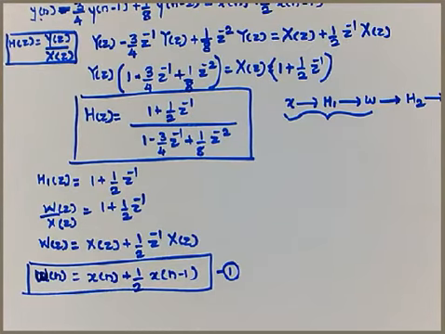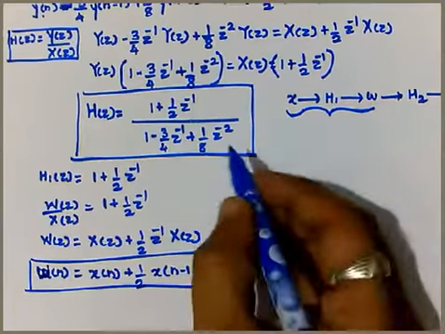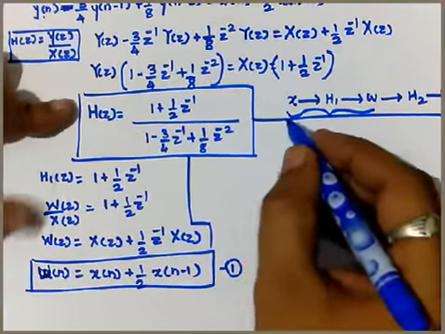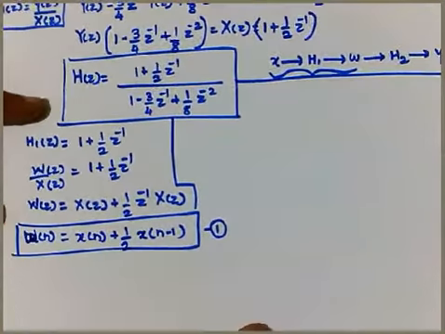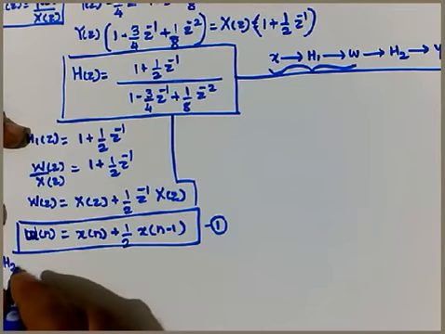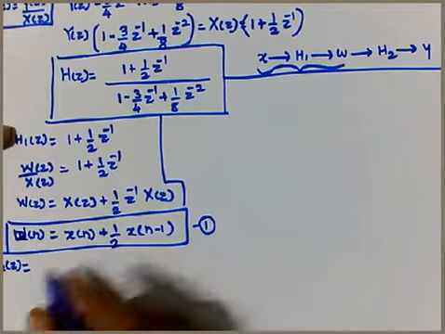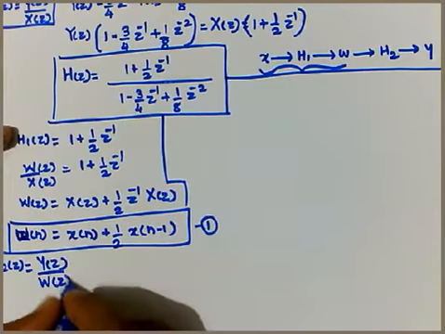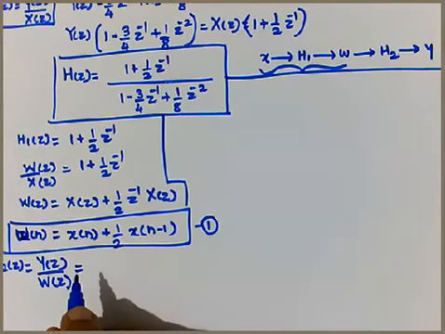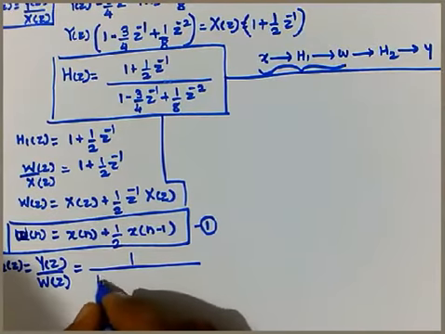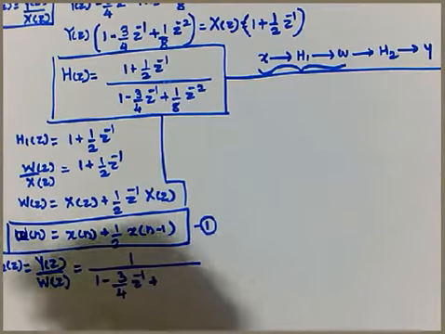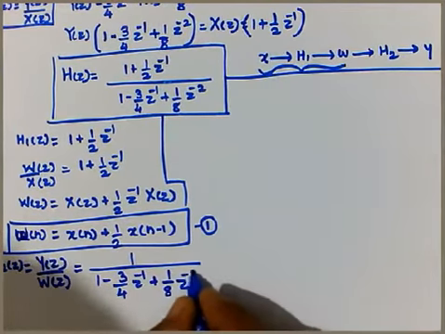And on the other side, let's discuss H2 of z. H2 of z is nothing but Y by W, so Y of z by W of z is equal to 1 upon 1 minus 3 by 4 z inverse plus 1 by 8 z raised to minus 2.